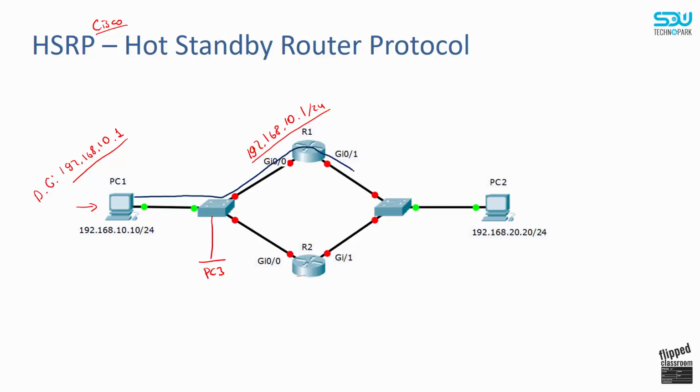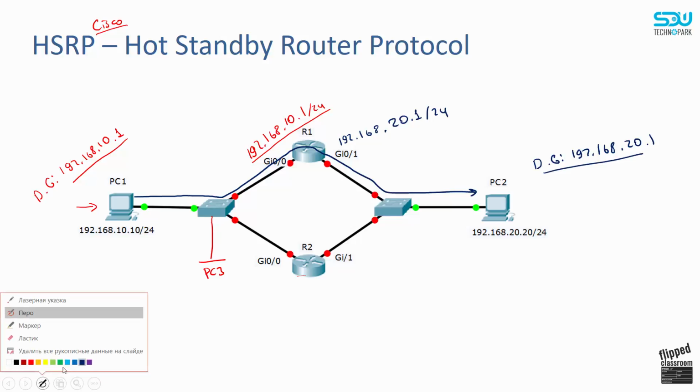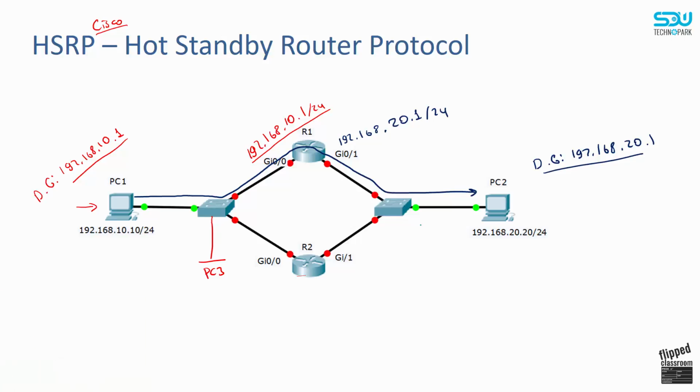So our communication will go here, and when we have a reply, in case the IP address of router 1 gigabit 0/1 is 20.1 with prefix 24, and we configure PC2 with default gateway 192.168.20.1, then our reply, let me change the color, will go this way.